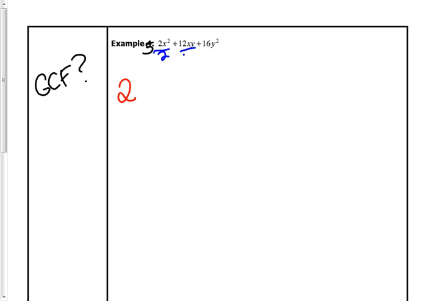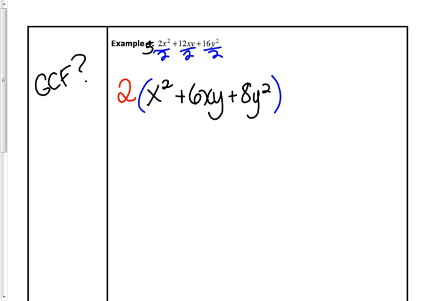Divide by 2, divide by 2, divide by 2. So what would be left in parentheses? We would have 2 divided by 2, it's 1, so I have an 1x squared left over. 12 divided by 2 is 6, so this becomes 6xy. And 16 divided by 2 is 8, so that becomes 8y squared.